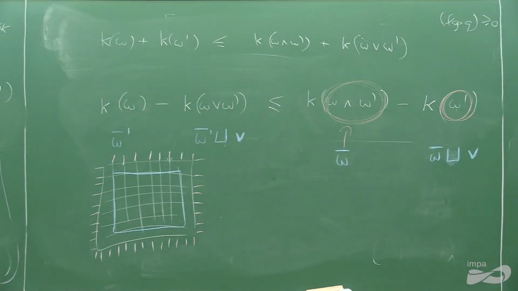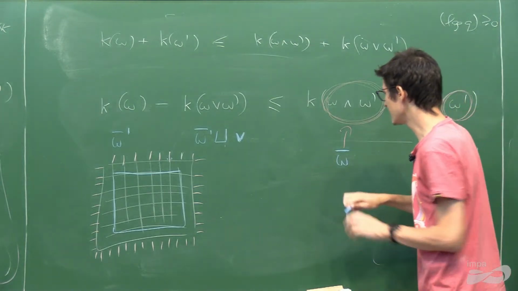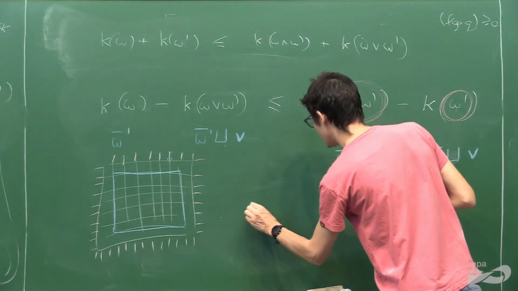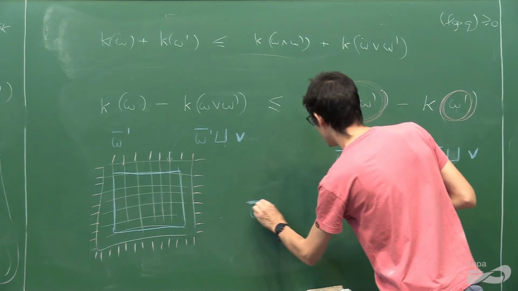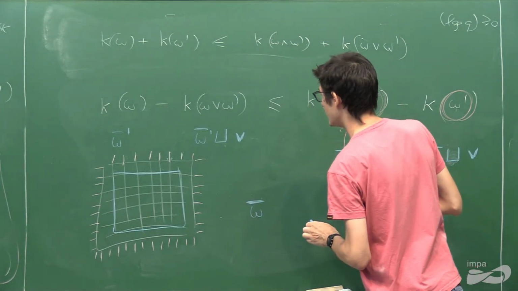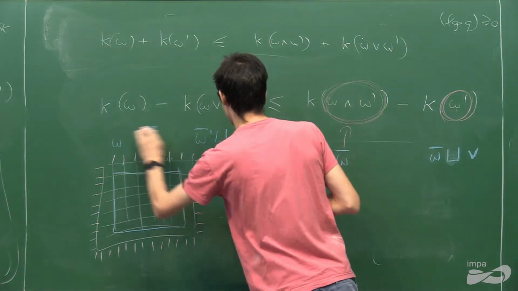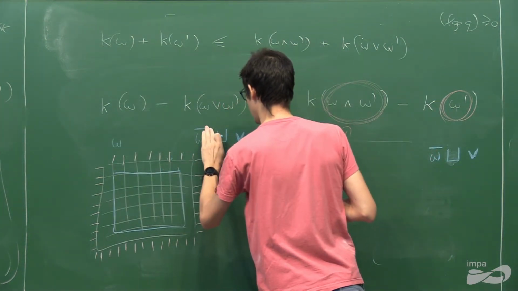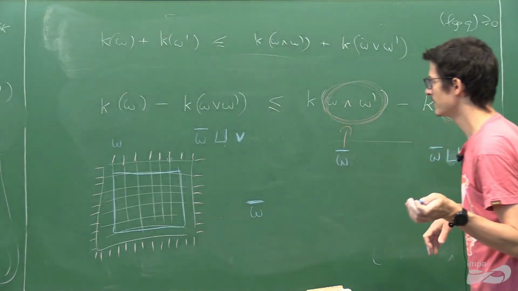They are exactly the edges that are in omega prime and that are not in omega. So the important thing here is that you have that omega bar. Let me call it just omega, because this is really omega.